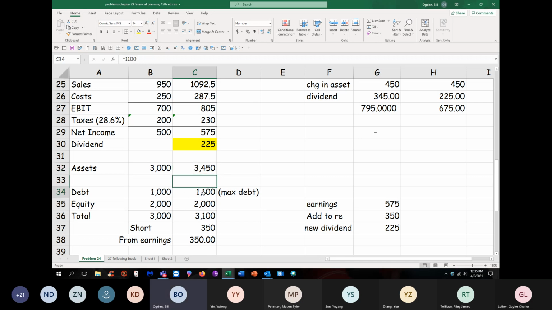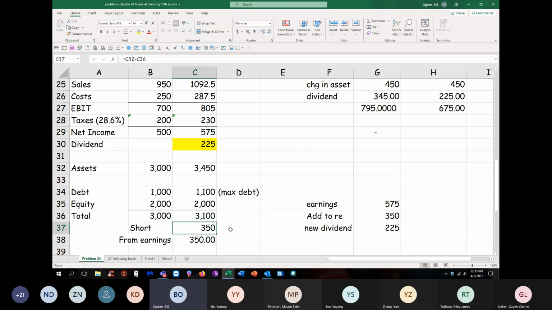Debt is capped at 1,100. So you can see here I have to fund 450 in new assets, don't I? Obviously this debt will not be sufficient, but it's part of the structure. So we'll run our debt up to 1,100 max, and that's just part of the story the problem gives you. And that leaves me short 350.